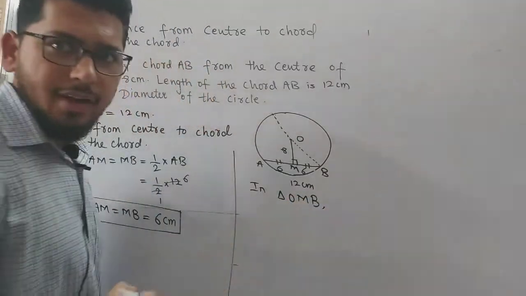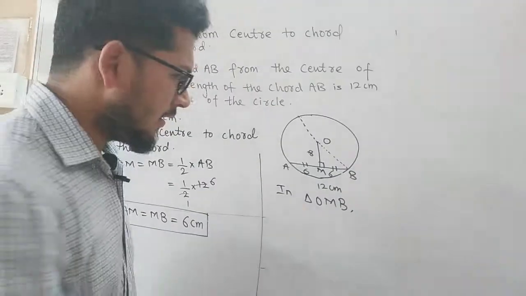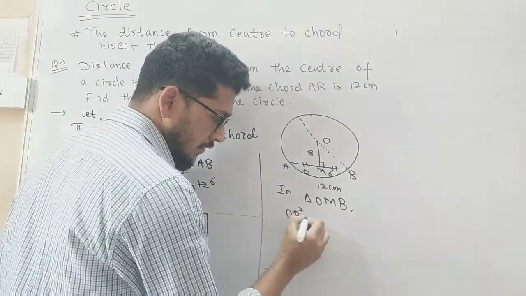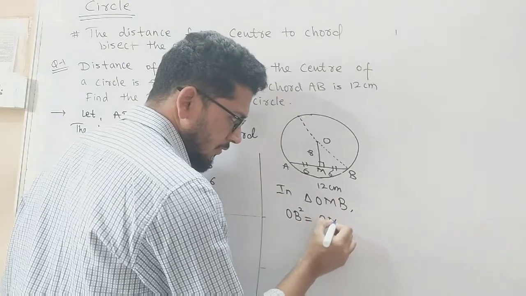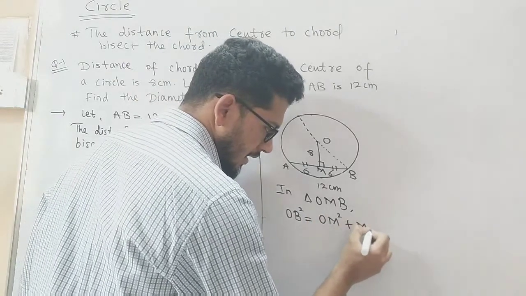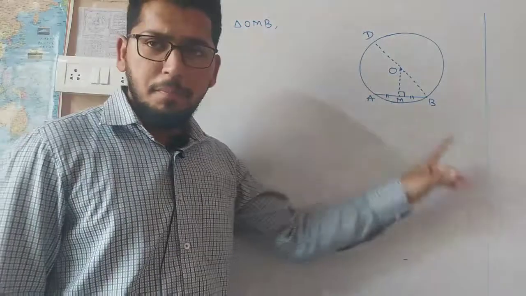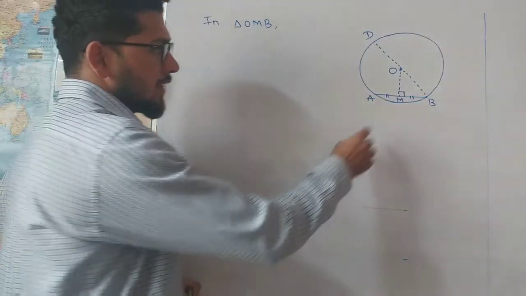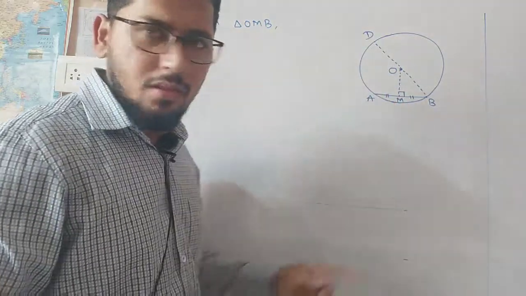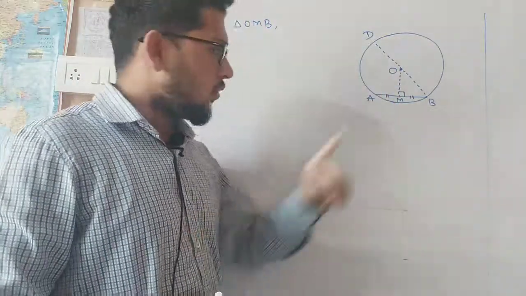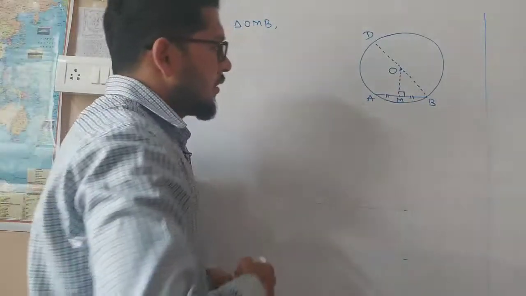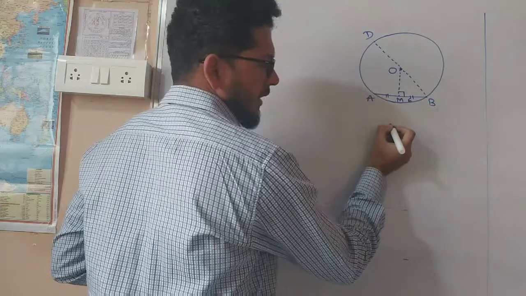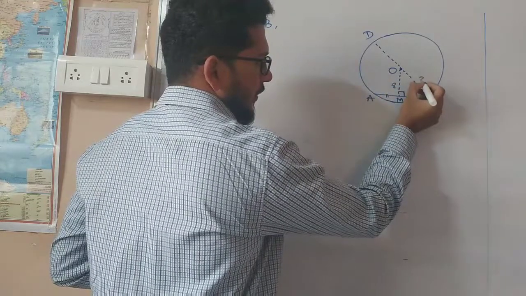In triangle OMB, OB is the hypotenuse, so the formula will be OB square is equal to OM square plus MB square. Here OM is side 1 and MB is side 2. It is given that MB we have got 6, OM we have got 8, and we have to find OB.